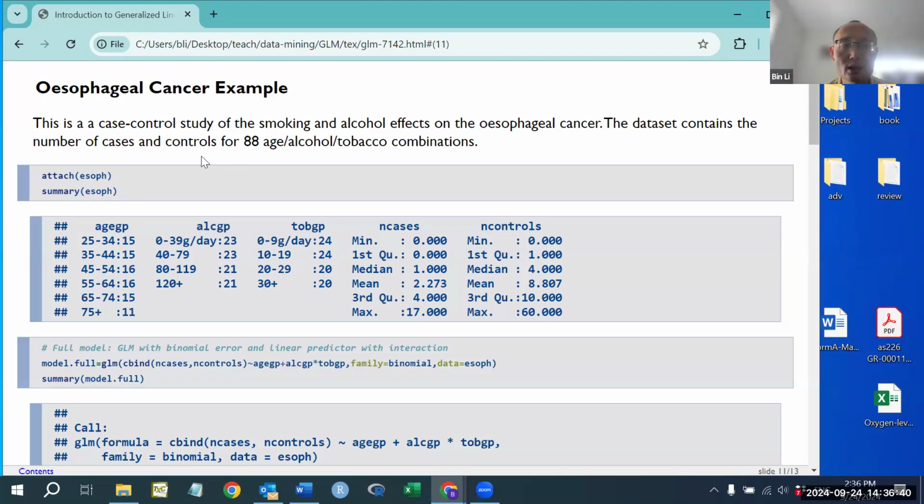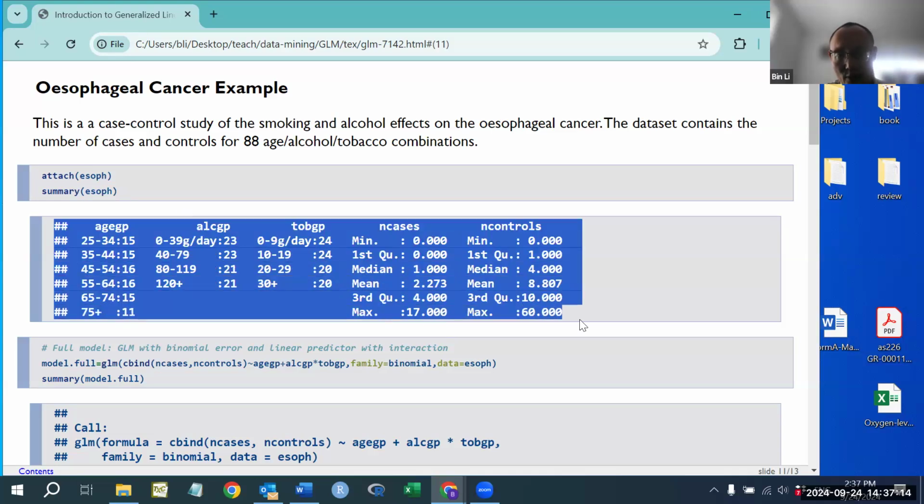This study is a case control study. We have 88 combinations of the age group, alcohol group, and the tobacco consumption group. We have their number of cases that have cancers, and number of controls that don't have cancers. We have this data set in the ESOPH data set. So this is the summary.